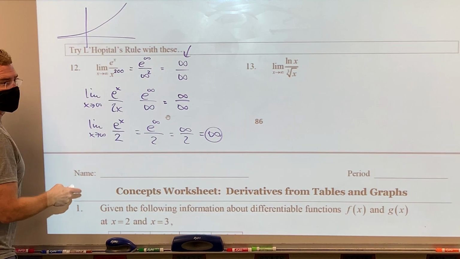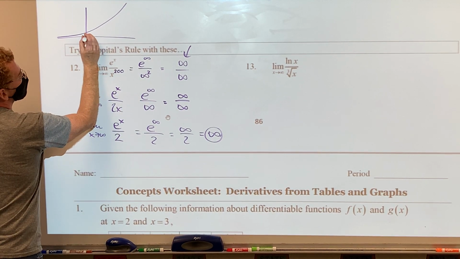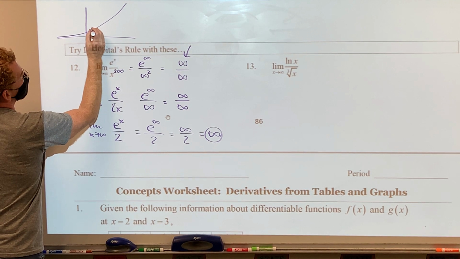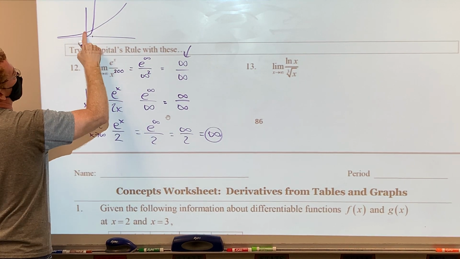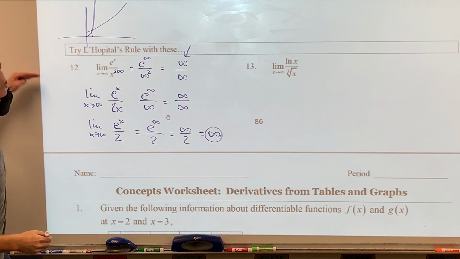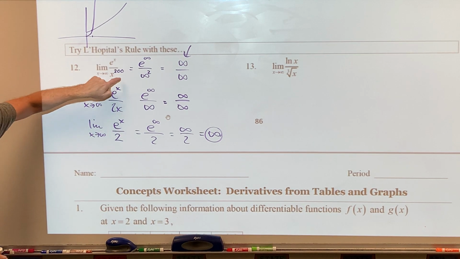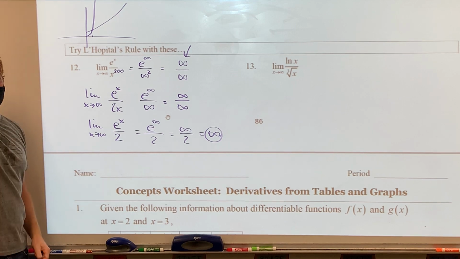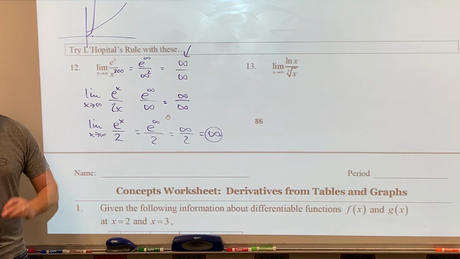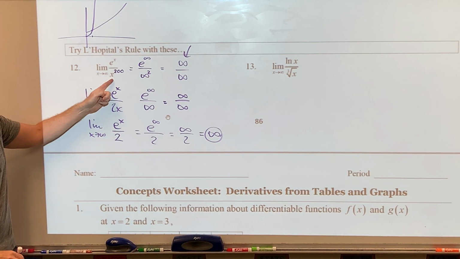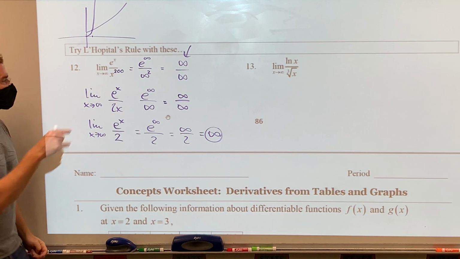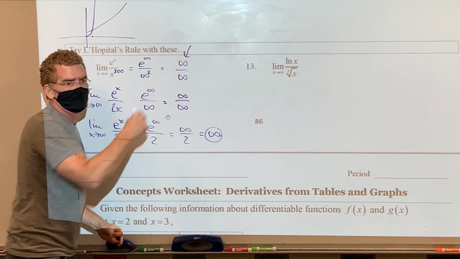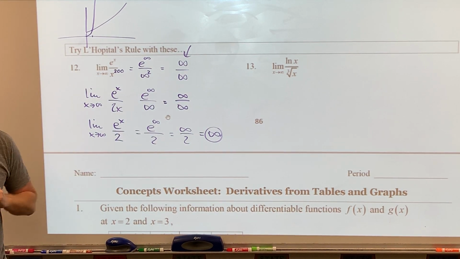X to the 200th looks like that, at least to the right of 0. So if I'm approaching infinity, it looks like that x to the 200th is growing way faster, doesn't it? So the temptation is to go, oh, x to the 200 is going faster than e to the x. So if the bottom's growing faster than the top, what should this fraction be?